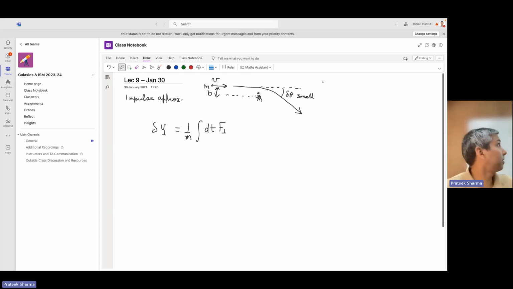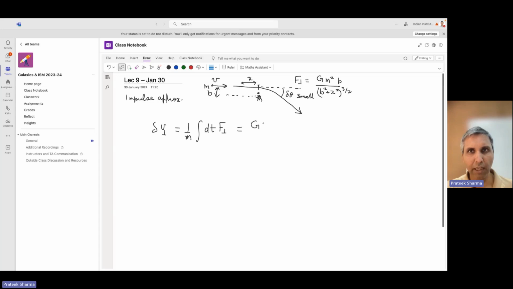So F perp is equal to G m squared by (b squared plus x squared) to the 3 by 2 times b, where x is the distance from the closest approach. This is the force perpendicular to the direction of motion. It's just G m squared by r squared times the cosine of that angle.